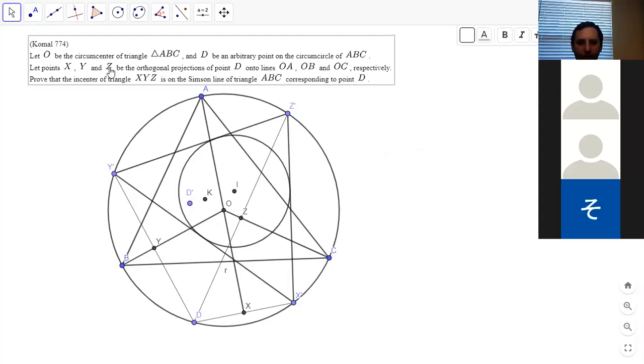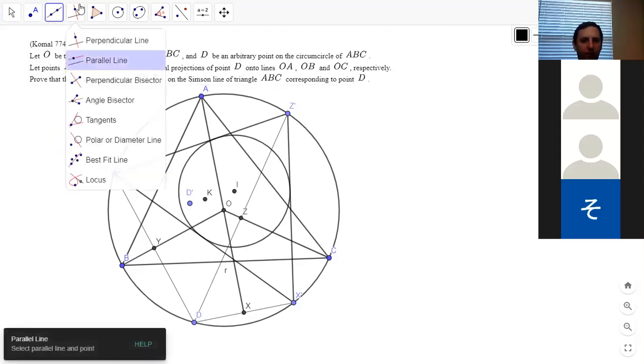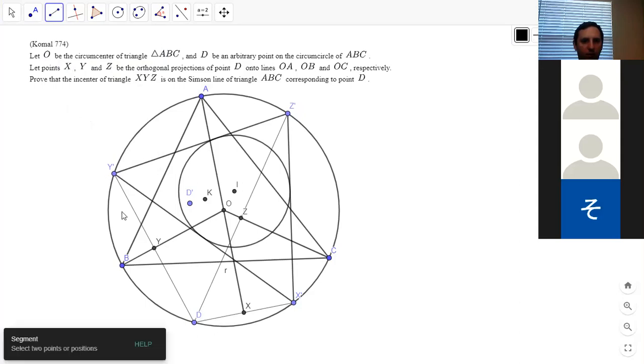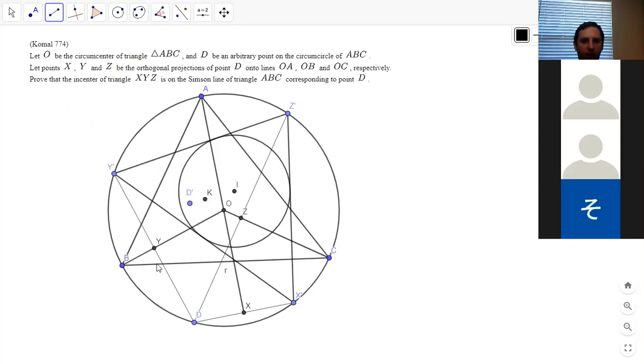So Geo King was saying B, A, and C are the midpoints of those arcs. So basically, can we say anything about the incenter, D prime? This is D prime, I guess.